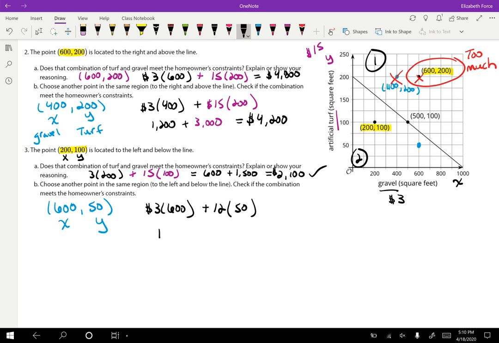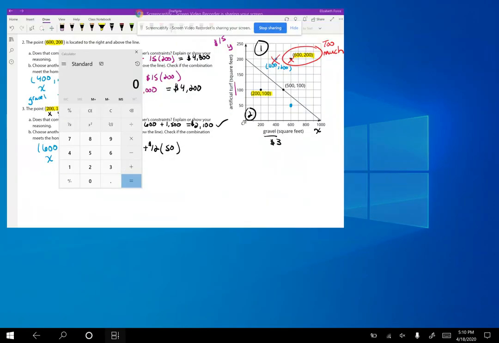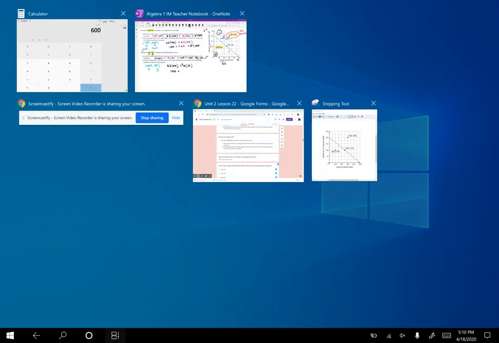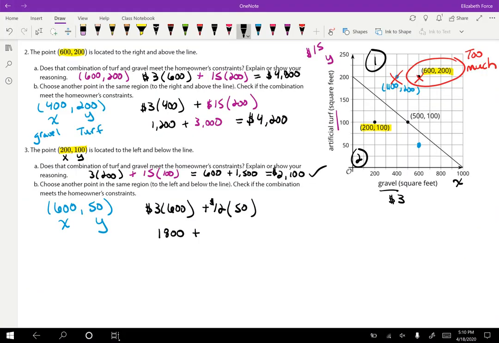This is going to be 1,800, plus 12 times 50, which I can do in my head. I think that's 600. Yep, I was right. $600. That's going to give me $2,400. So this also works.